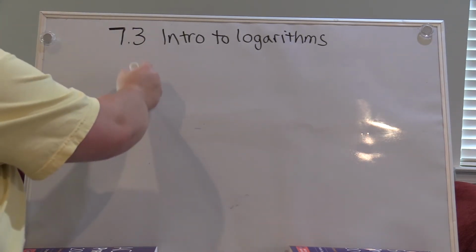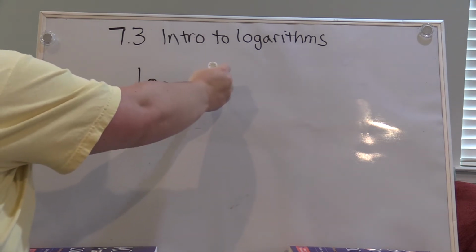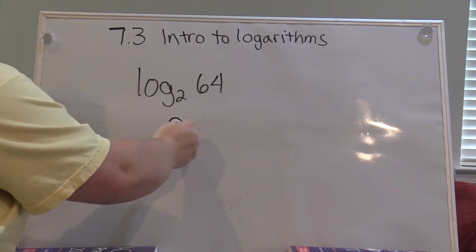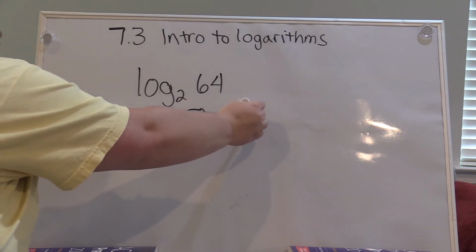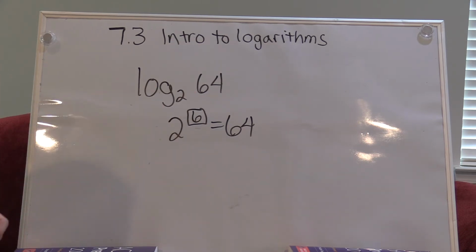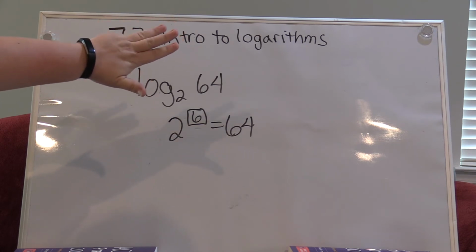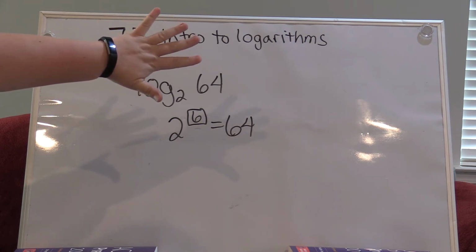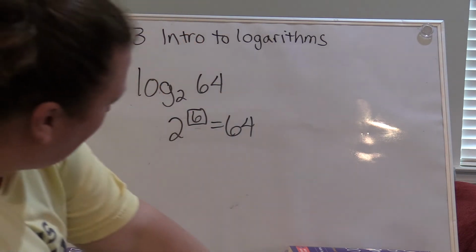Then I have log base 2 of 64, which becomes 2 to what power equals 64, and that power is 6. If we get stuck, 2 times 2 is 4, times 2 is 8, times 2 is 16, times 2 is 32, times 2 is 64.